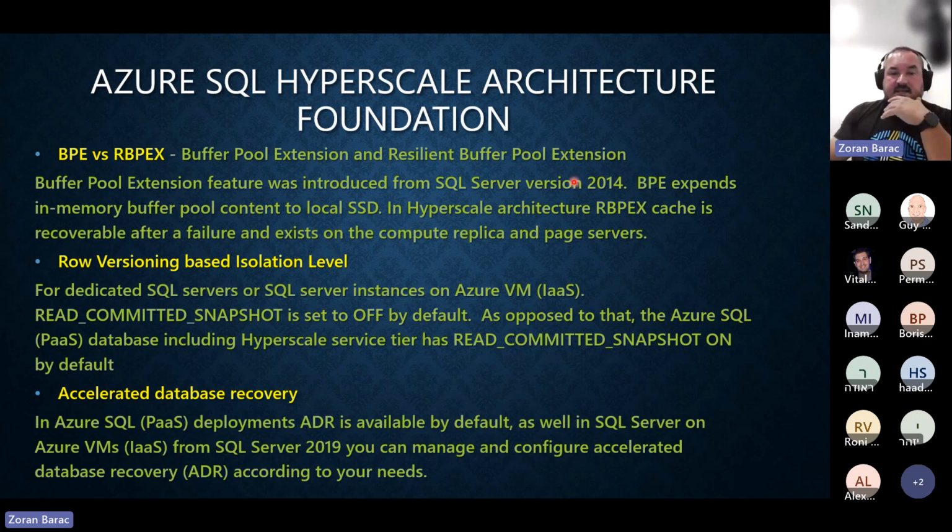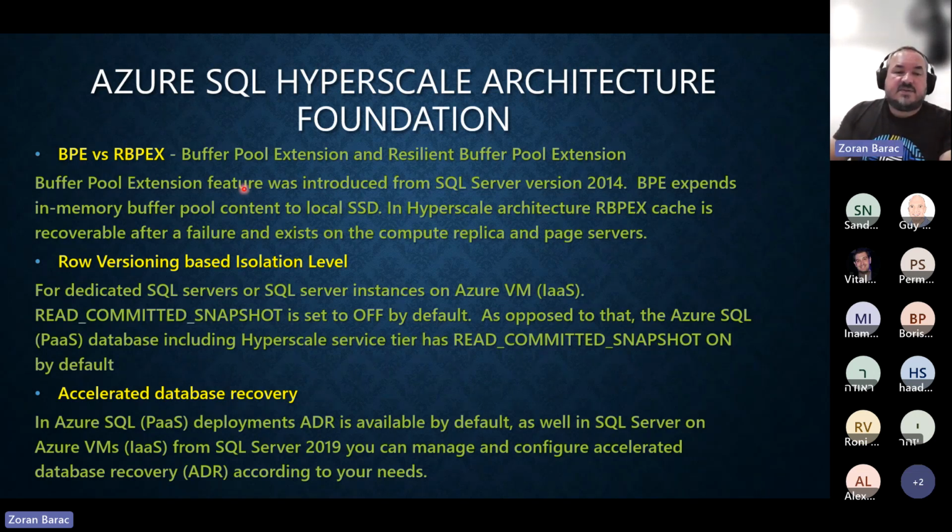It's nothing else than using the attached SSD on your machine to extend your buffer pool and the memory, so it can be used for the most used pages. And it's the same purpose on a hyperscale as well. The only difference is the resilient buffer pool extension on a hyperscale. This is the old one. Resilient buffer pool extension is the recoverable cache after failure.